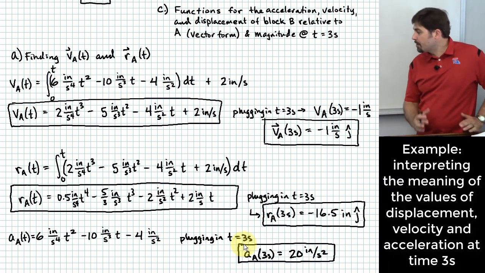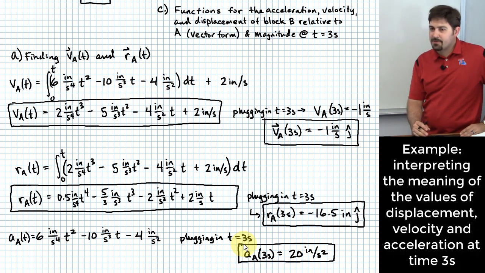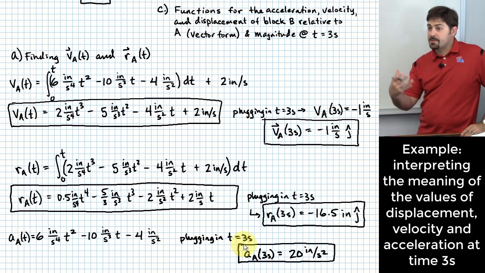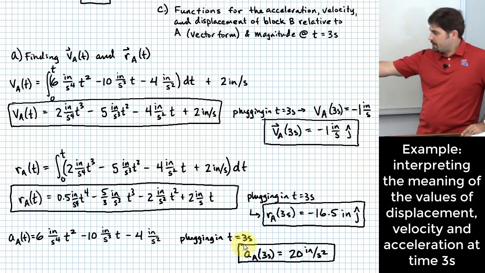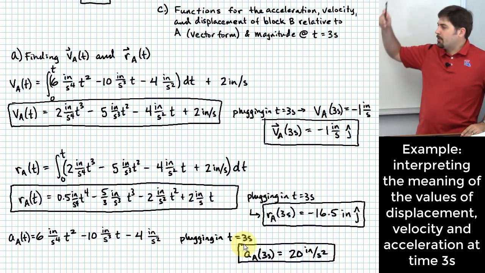What we're really saying there is that 3 seconds after the thing begins motion with this acceleration function, it is now accelerating at 20 inches per second squared, meaning it's picking up speed, and in what direction? It turns out to be a positive number, so it's picking up speed going up.